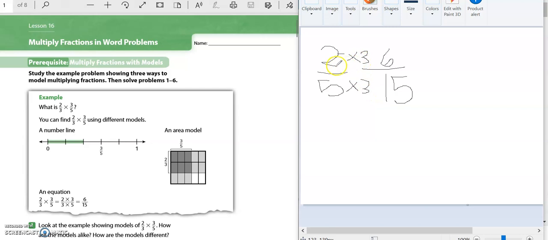You multiply 2 times 3 and you will get 6. And it's the same thing as 6/15. So for the number line, you get 2/5. The area model is 6/15. And the equation is 6/15. And to convert 2/5 to 6/15, you multiply both the numerator and the denominator by 3.